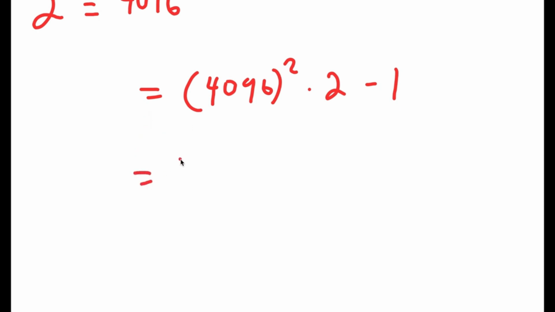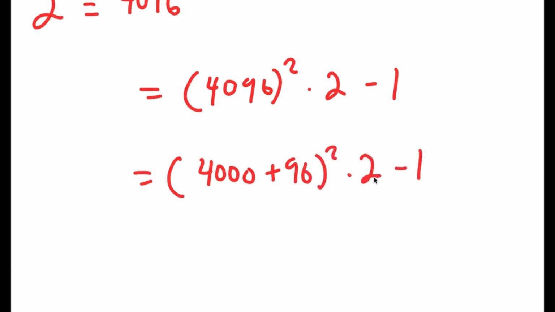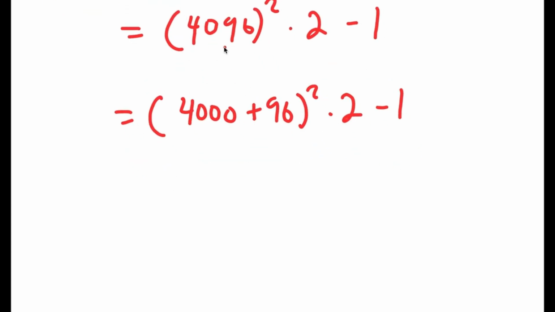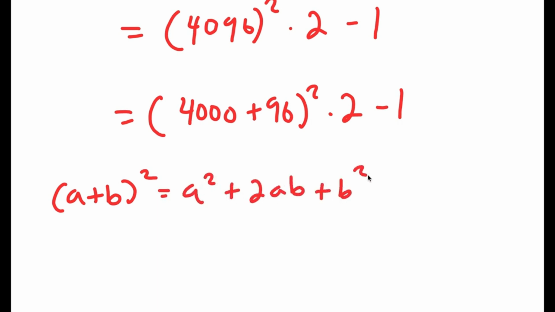And now I'm going to simplify this: 4,000 plus 96 squared times 2 minus 1. The reason I'm doing this is because 4096 squared is really hard to calculate by itself. So if we change it to 4000 plus 96 squared, I can use the property a plus b squared is equal to a squared plus 2ab plus b squared.